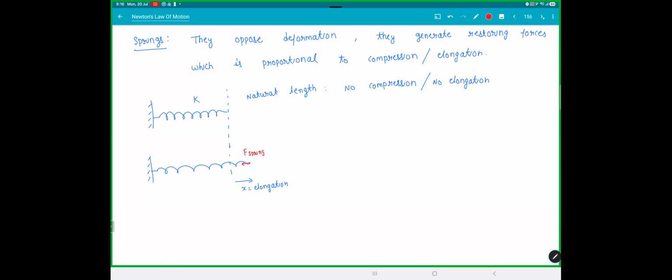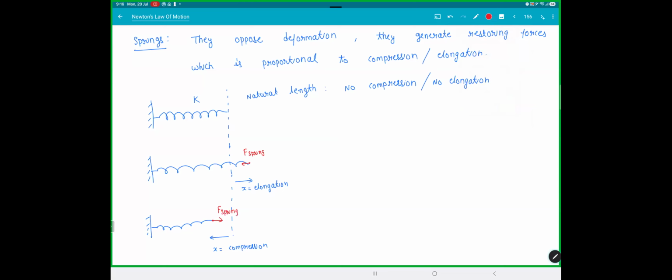You pull the spring, it'll pull you back. You push the spring, it'll push you back. So X can be elongation or compression. The spring will push you back.